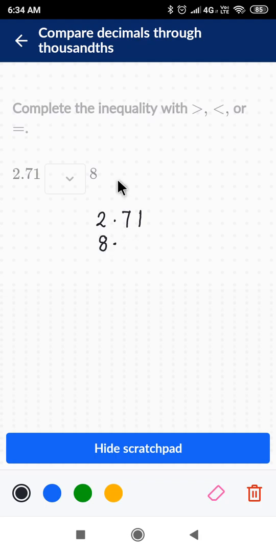Now you have to start comparing from the left, as we did in comparing integers. So is 2 bigger or 8 bigger? 8 is bigger. 2 is smaller than 8.